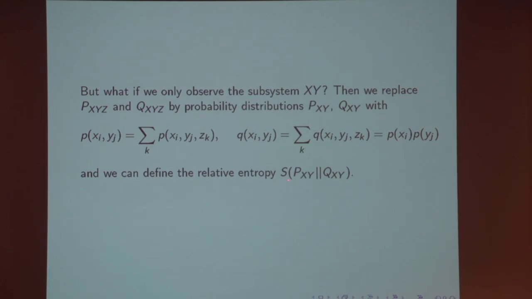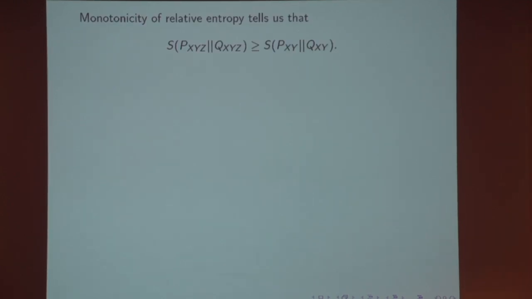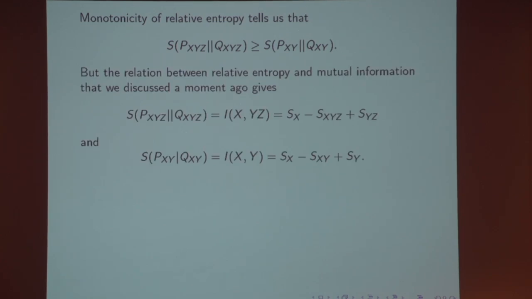Now we'd have a relative entropy between these two. So monotonicity of relative entropy tells us that one of these is at least as big as the other. But we observed a moment ago that in this kind of situation, relative entropy reduces to mutual information.